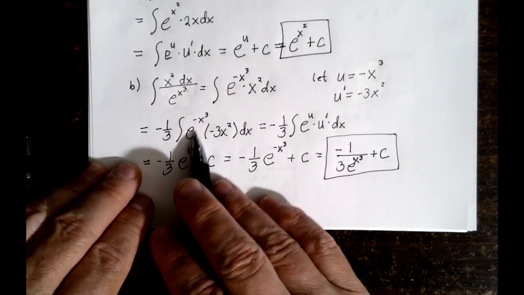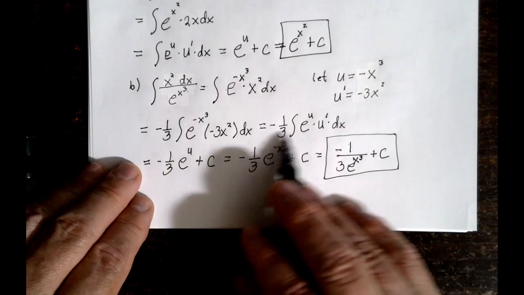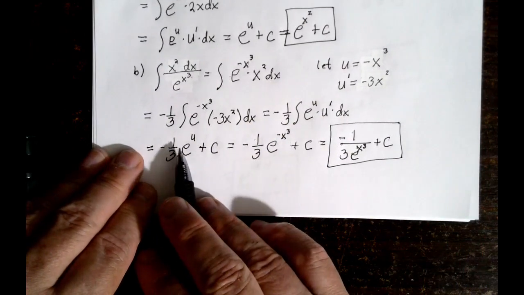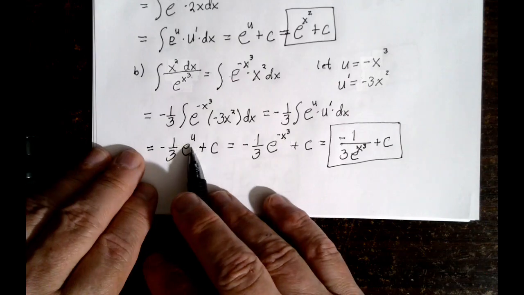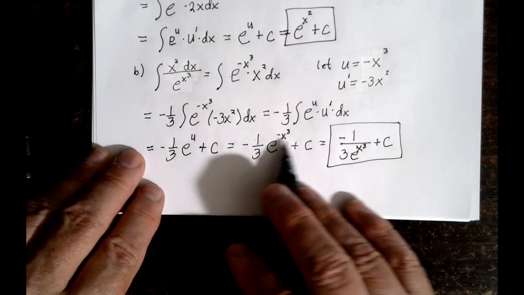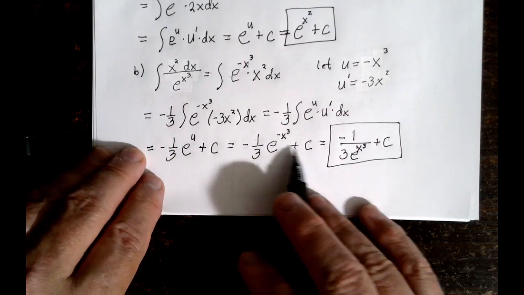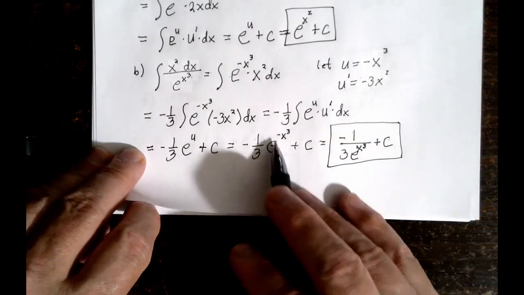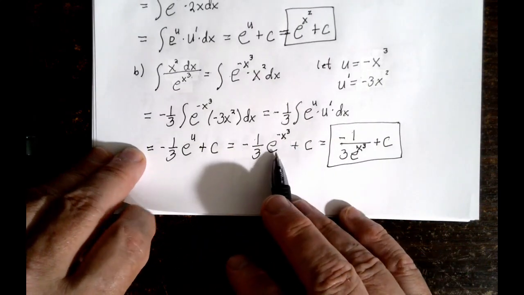So now you got your e to the u, u prime dx. So you have the 1/3 out front, of course, but your answer is just e to the u. And you replace what u is, and you got your answer. And I just cleaned it up by bringing the term across the fraction bar, making it a positive x cubed.